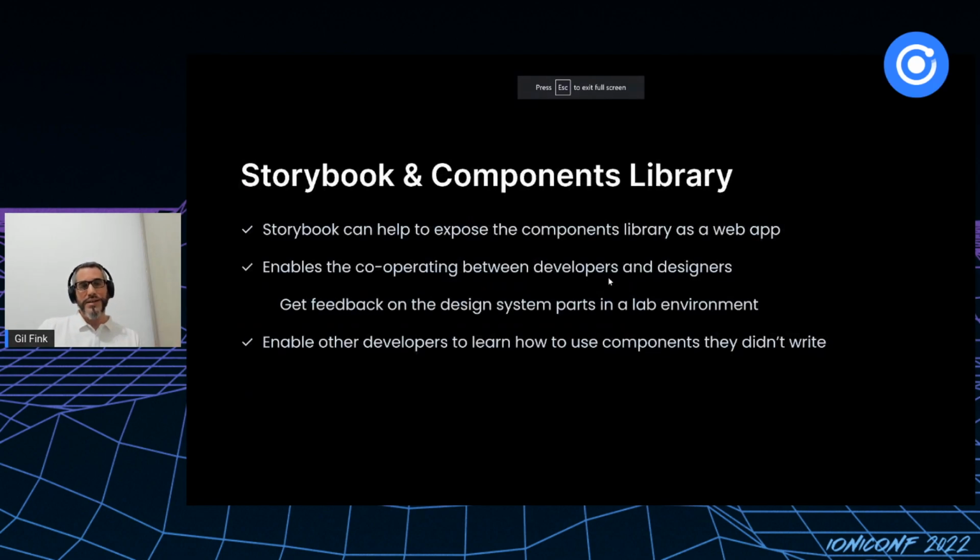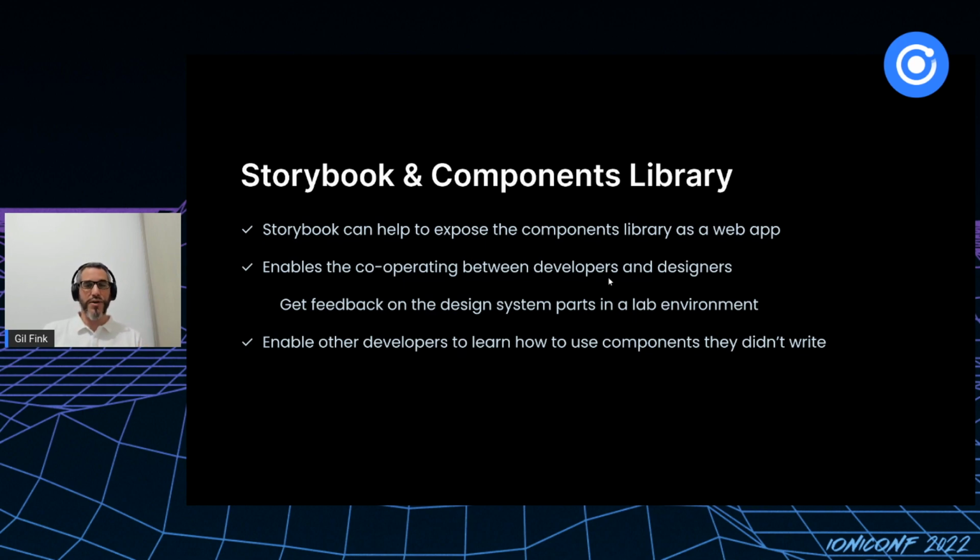And what is helpful in Storybook with Stencil together is that you can expose that component library as a web application. You can use npm run build-storybook and produce a build from the component library, and then you can put it inside some web server and say to the designers in your company, hey, fellas, we have the Storybook here.